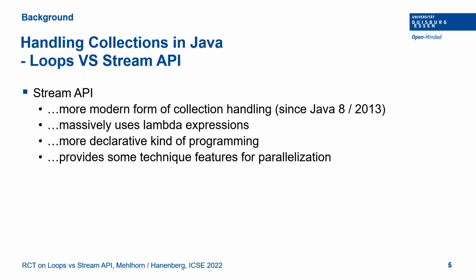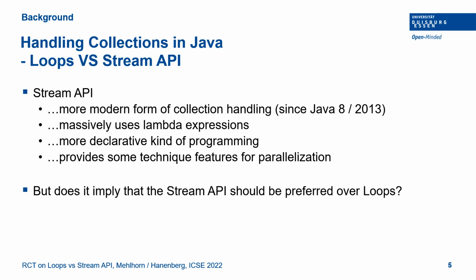It has some additional technical features which are not in the focus of the present presentation or the present paper. So the general question that we ask ourselves is, does it imply that the Stream API should be used or not? So do we have measurable benefits from it which are beyond the technical characteristics?